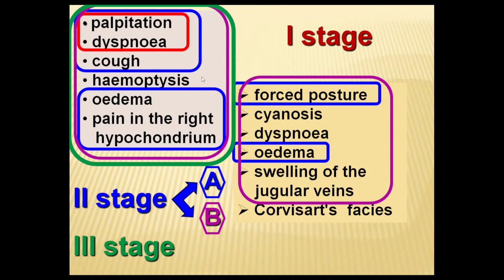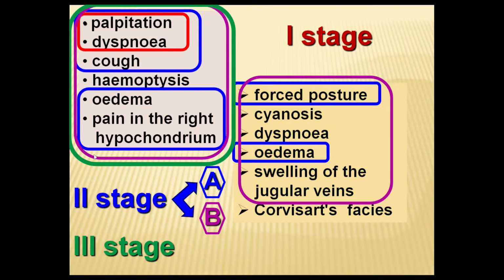Hemoptysis becomes more intensive. Edema doesn't respond to medicines because the kidney and liver are involved in the pathological process. If the liver is involved, there is a protein mechanism of edema.